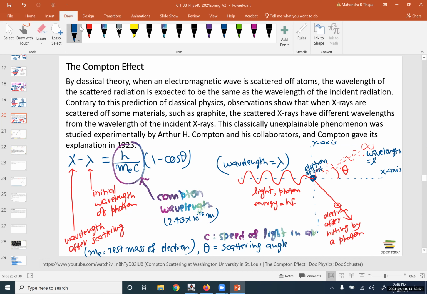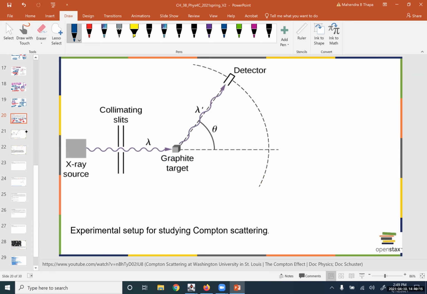The shift in wavelength depends on the angle theta, so we can use this equation to find the shift in the case of electrons.